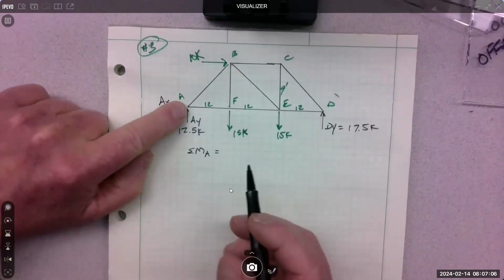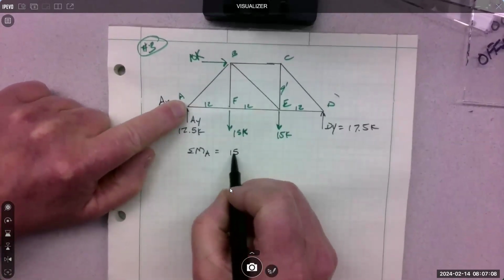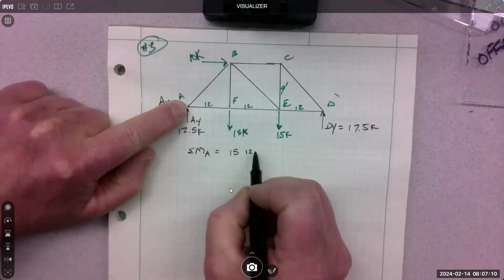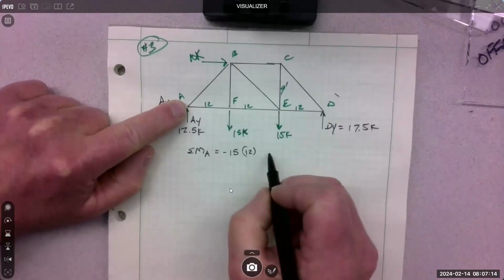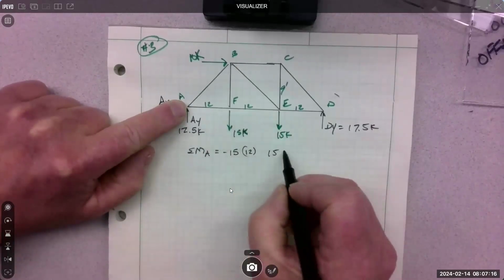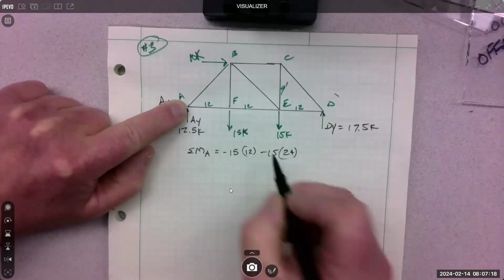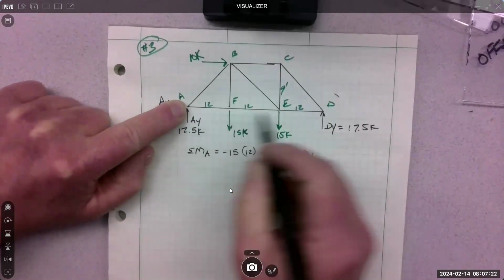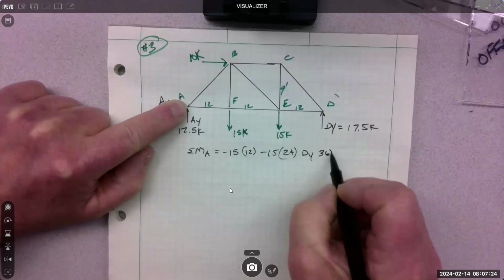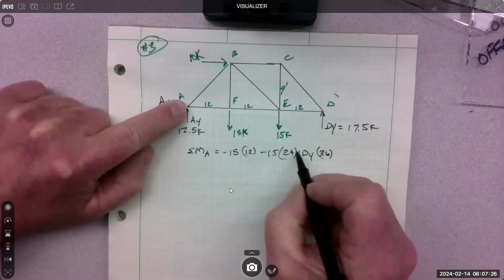If I'm doing a moment about A, I have this 15 times 12. And that rotation is negative. This 15 times 24, that rotation is negative. I have DY times 36. That rotation is positive.